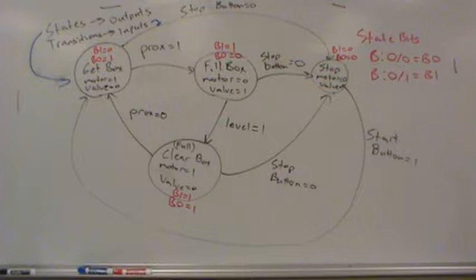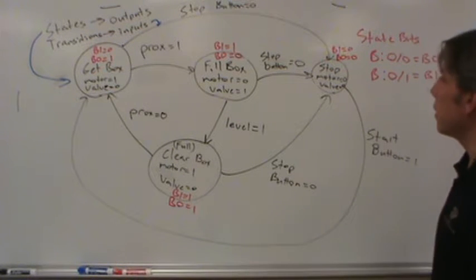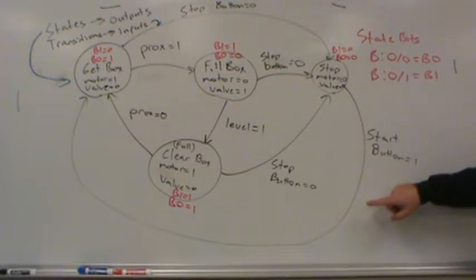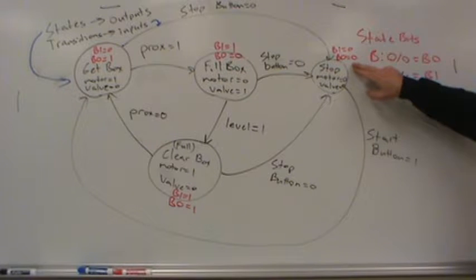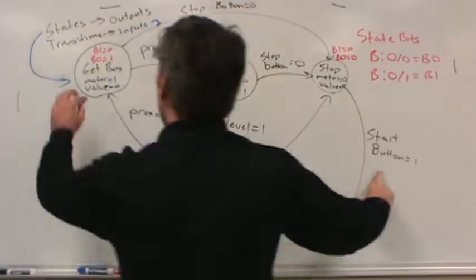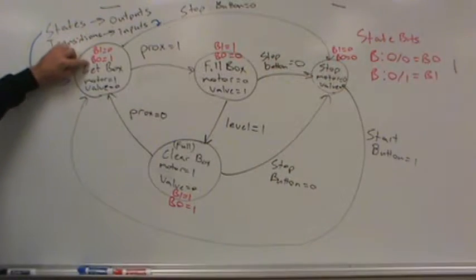Now, what else did I want to tell you about this? So I have to somehow figure out how to do this, right? This condition here is what drives the change of these bits. In fact, if the start button is pressed, my problem is reduced to somehow changing B0 to a 0 and B1 to a 1.